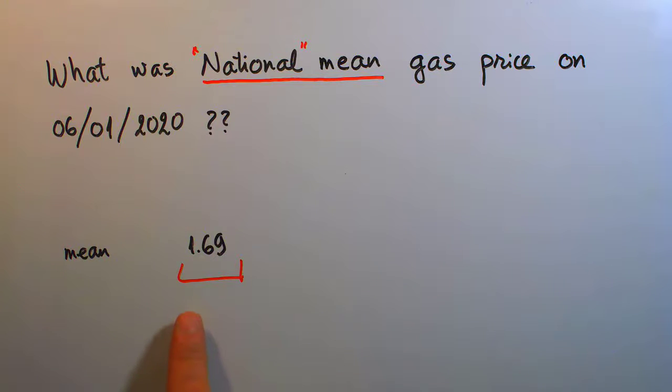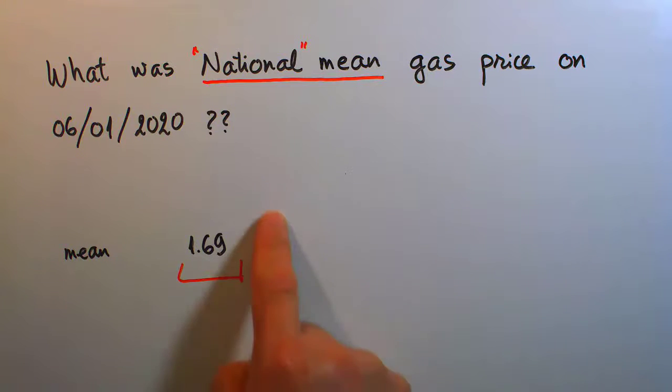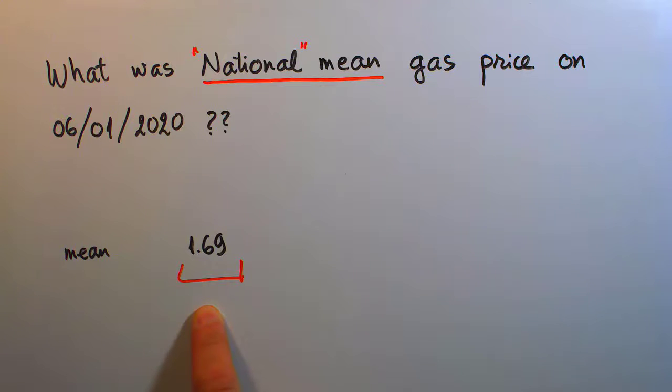The number of individual gas prices that I collected to get this mean value was only 36 prices. Or in other words, this mean was only calculated from 36 individual prices. Of course, nationally selected, quite randomly selected.